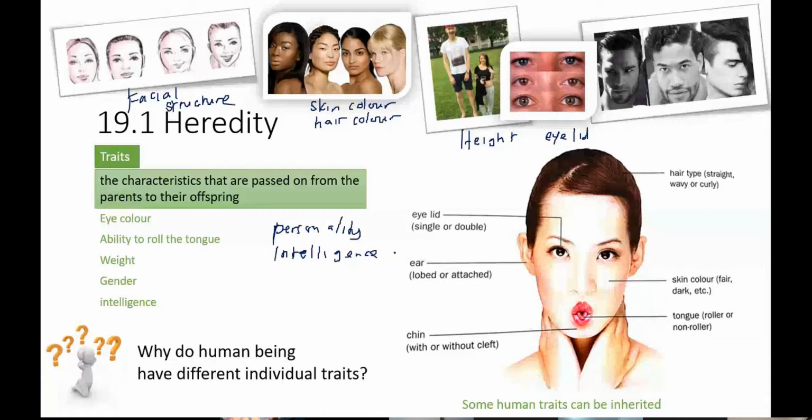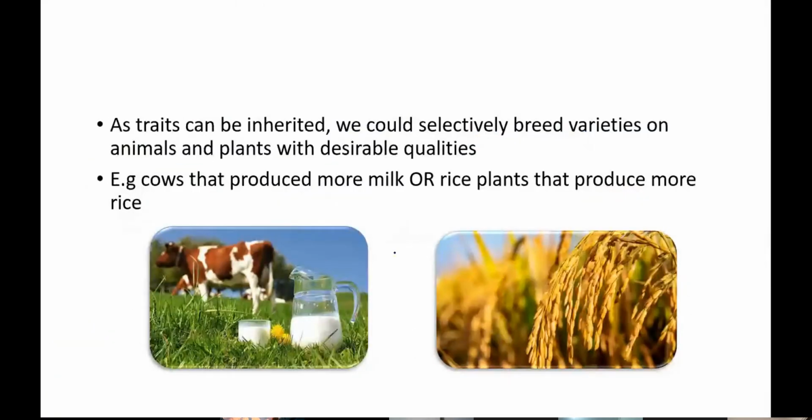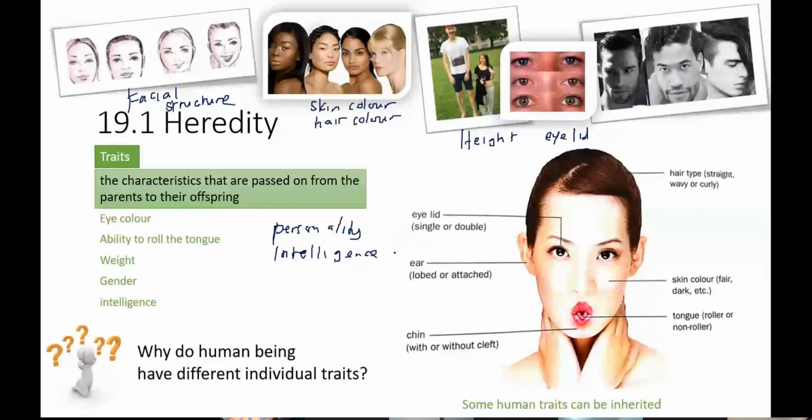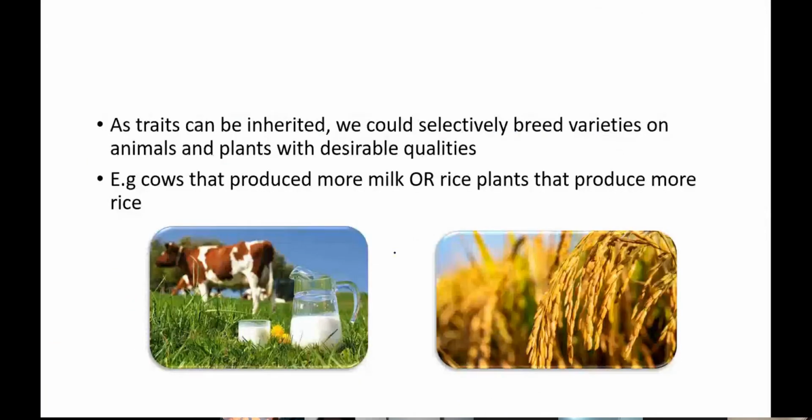Why do human beings have different individual traits? That is because, let's look at the next slide. As a trait can be inherited, we could selectively breed varieties of animals and plants with desirable qualities.